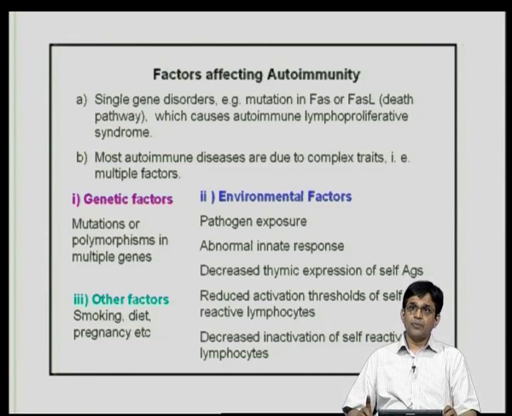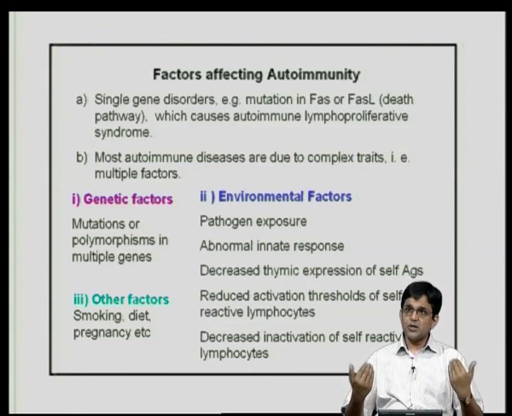For some reason you have a failure to inactivate these self-reactive thymocytes, and we have seen this especially when we were studying the class on thymic differentiation, where AIRE is a gene which is expressed in the thymus, and which is important in terms of expression of peripheral antigens, so that T cells that recognize these peripheral antigens are eliminated from different tissues.